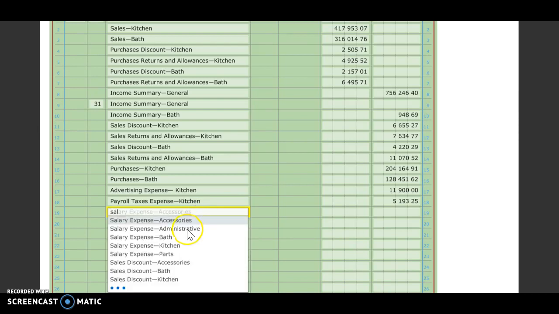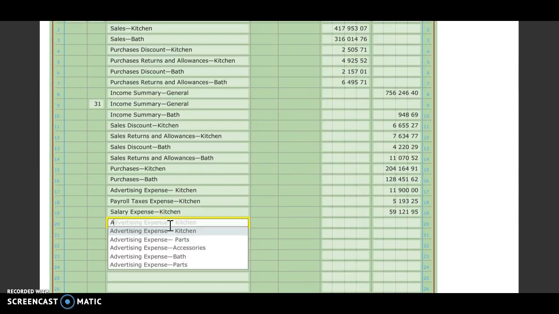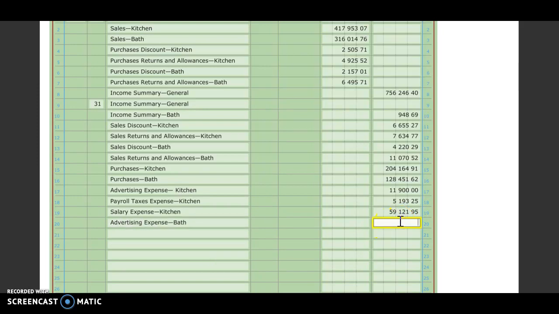Salary expense kitchen, $59,121.95. Advertising expense bath, $4,500.